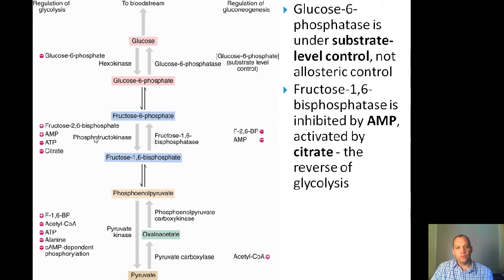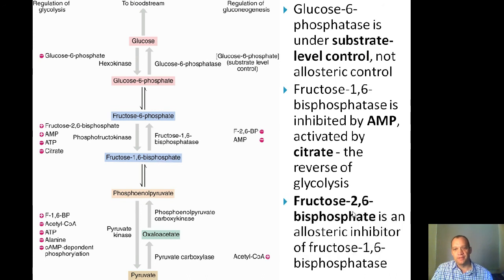So what we've also just discussed is that fructose 2,6-bisphosphate activates the phosphofructokinase enzyme and actually inhibits the fructose 1,6-bisphosphatase enzyme. And the most important allosteric control here is through this reciprocal control by AMP, where AMP activates the phosphofructokinase reaction and drives glycolysis forward, and at the same time it inhibits the fructose 1,6-bisphosphatase to stop gluconeogenesis from happening.